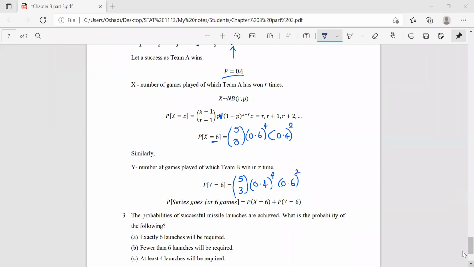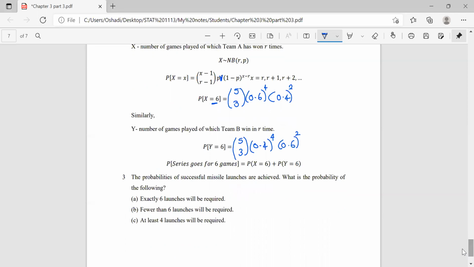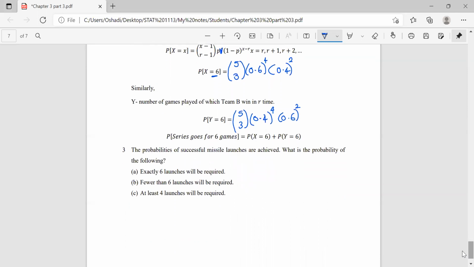You can now take your time and try the third example.